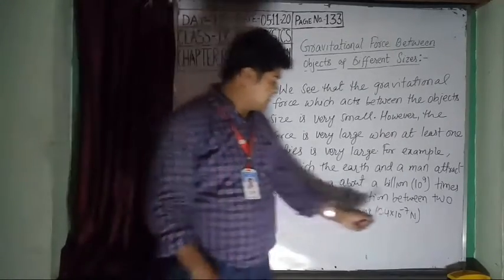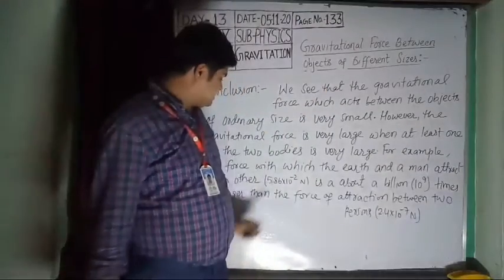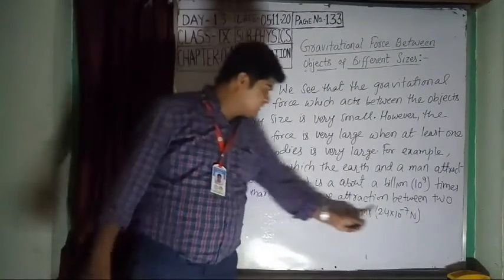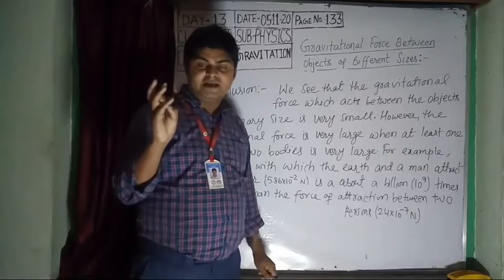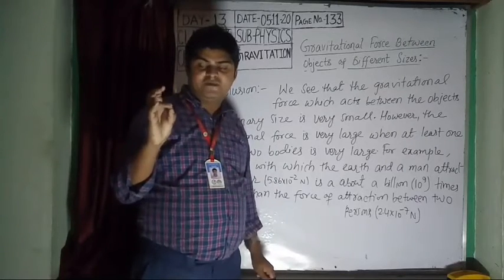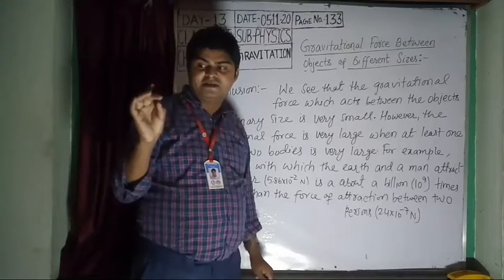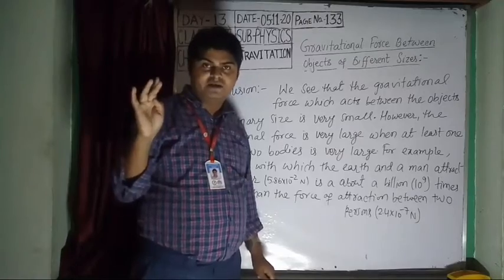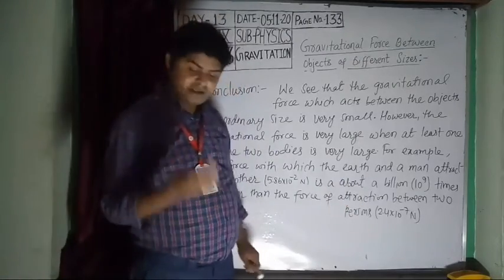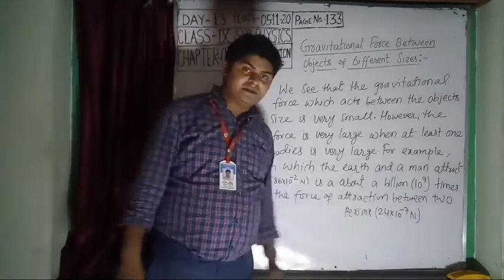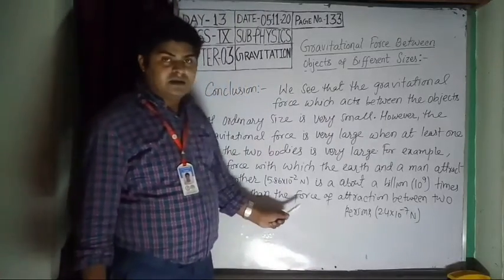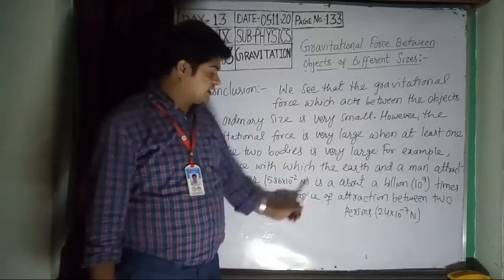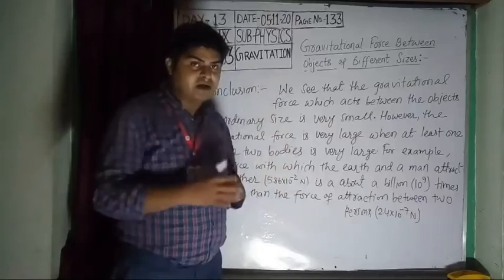See here, this is 10 to the minus 7 and this is 10 to the minus 2. So see the differences between minus 7, minus 6, minus 5, minus 4, minus 3, minus 2, minus 1, 0, 1, and then it becomes 2. Okay, 10 to the power 9 times greater than the gravitational force between two other persons.